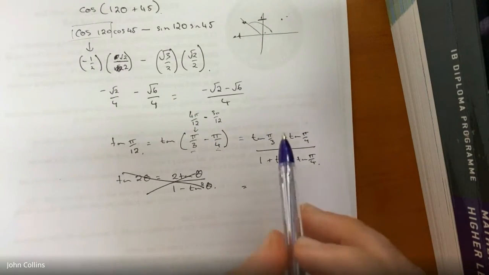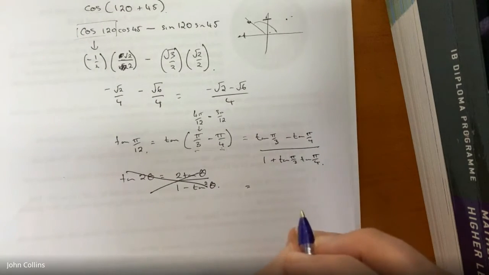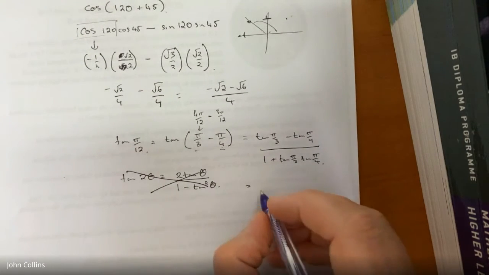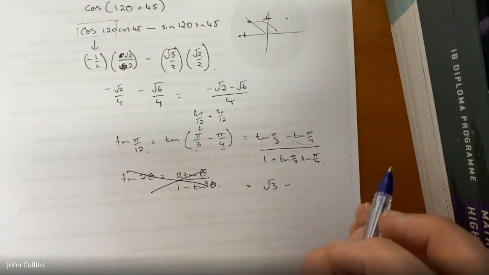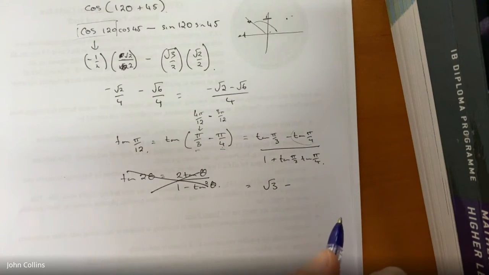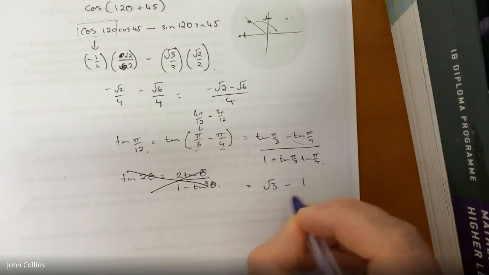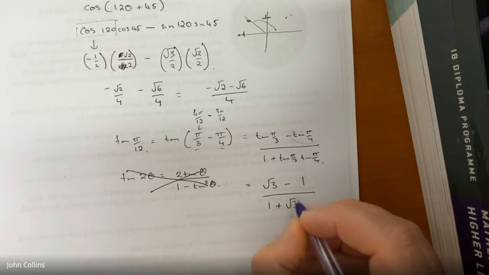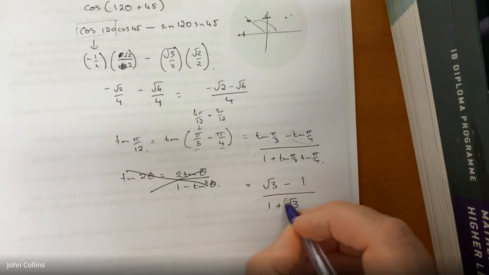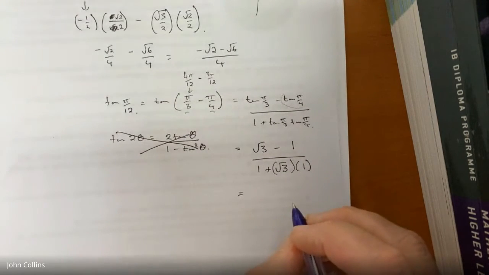So tan pi over 3, that's the one where sine is winning, so that'd be root 3. Tan of pi over 4. What's tan of pi over 4, Malika? 1. Yep. So minus 1 all over 1 plus root 3 again, and that's still 1.